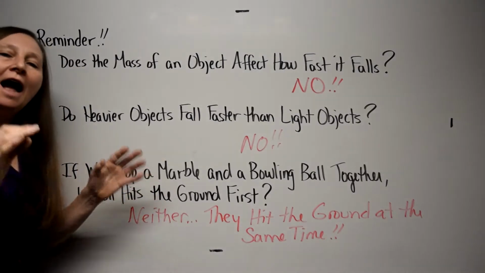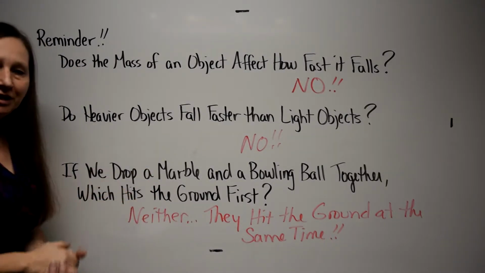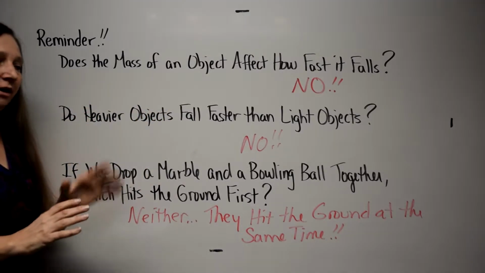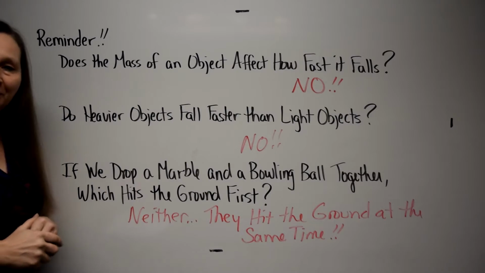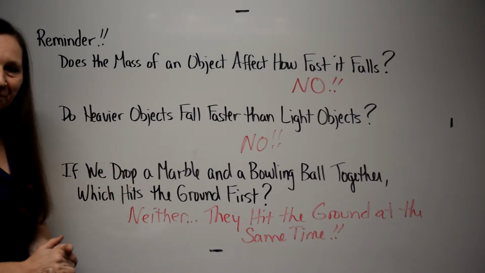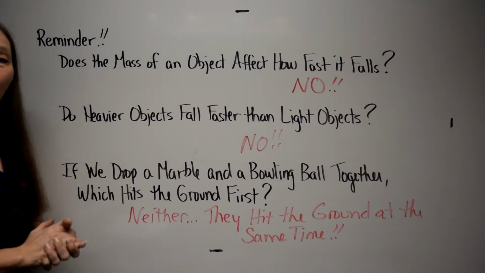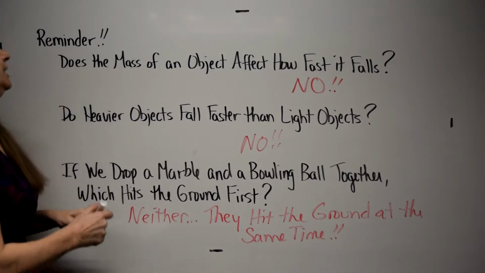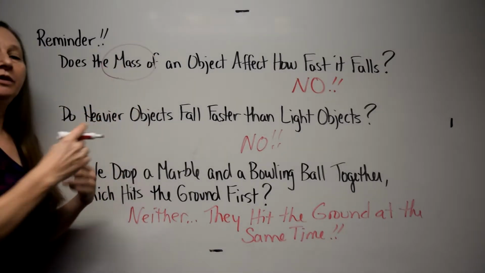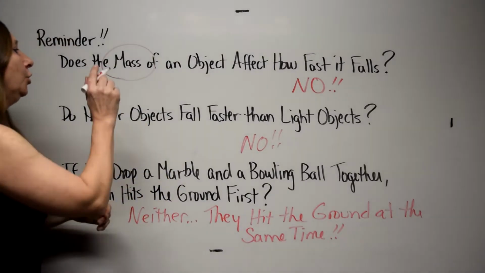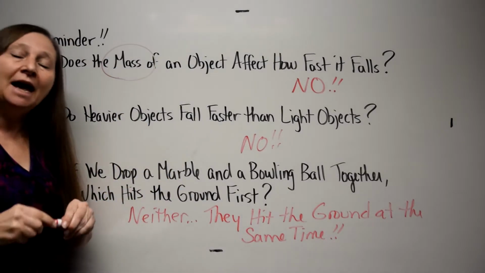So no matter how you think about it or how you ask it, when you drop two objects, I don't care how big one is and how little the other one is, they hit the ground at the same time. Keep this in mind for all of kinematics. For all of the kinematics topic, one-dimensional kinematics and two-dimensional kinematics, we're not really going to mention mass too much.